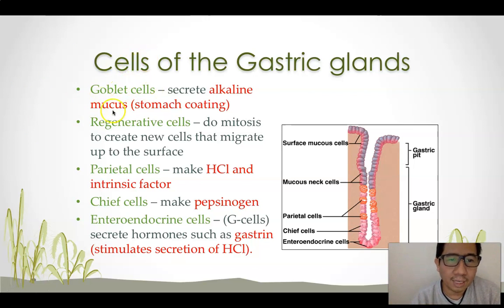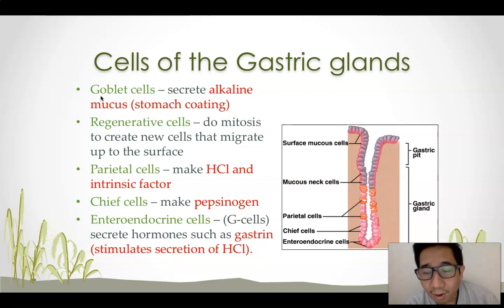You have the first cell, called the goblet cells. This is where you produce your alkaline coating of your stomach. Without this coating, your stomach will eat itself. So the esophagus doesn't have this, your tongue doesn't have this, your mouth doesn't have this.